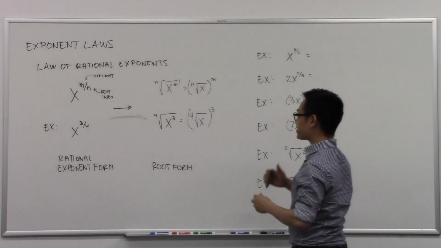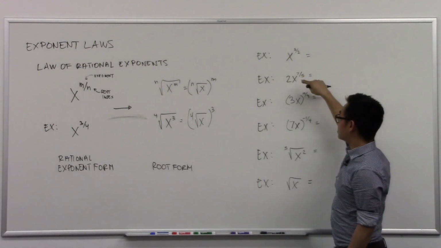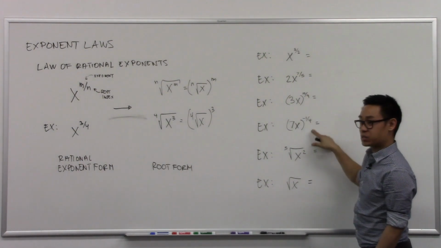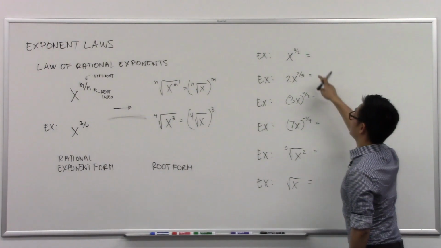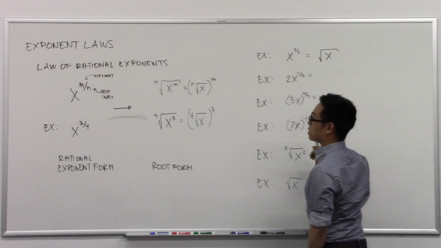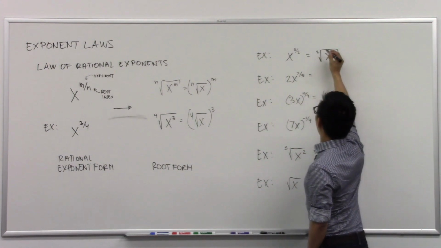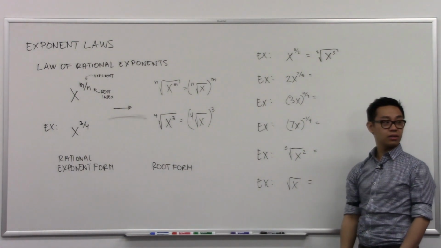All right, let's go. So this is in rational exponent form. So it's this, this, and this. But these are in root form. So we're going to change these into rational exponent form. So we're going to change this into a root. So it's going to be the square root of x to the 3. Okay.